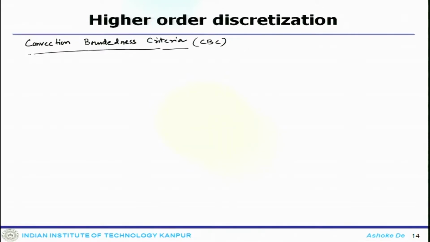Only then can we understand this convection boundedness, because it is supposed to represent a physical phenomenon through numerical approximation.